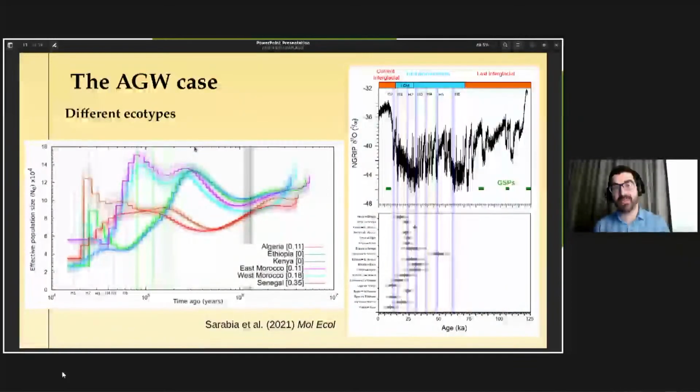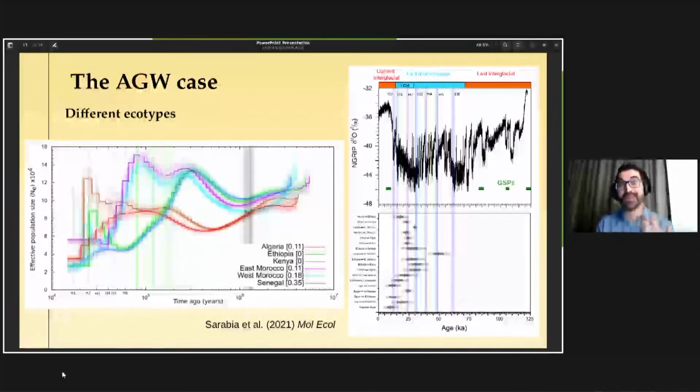What we discovered in my thesis is that the African golden wolves could potentially not only be part of one species with one ecotype. Now, this is a PSMC plot. Some of you are familiar with it. This is the point of speciation of the African golden wolf, so that's where it was still a single species.